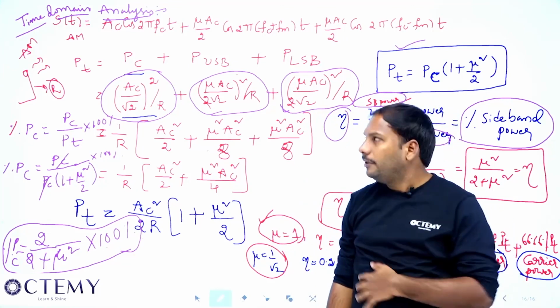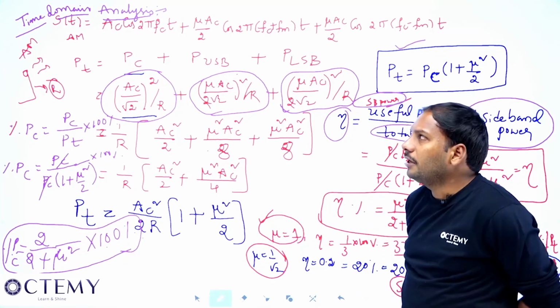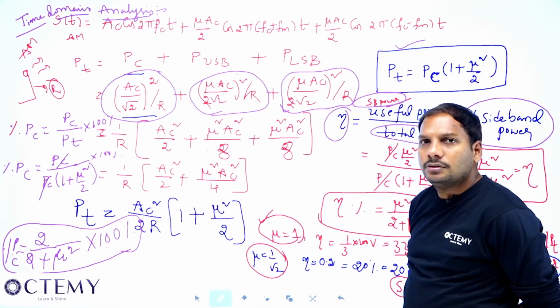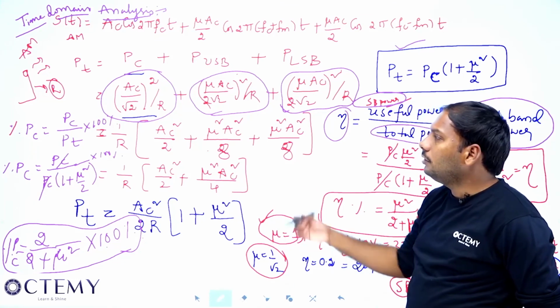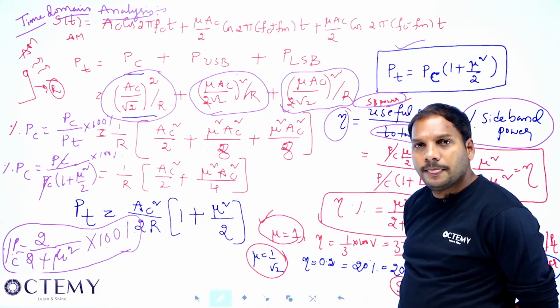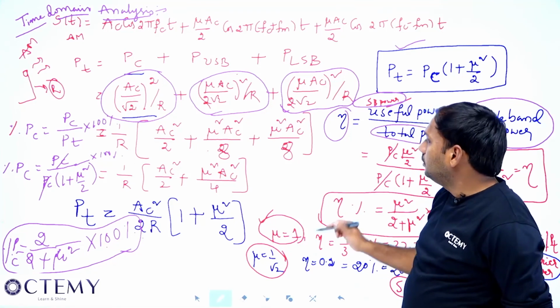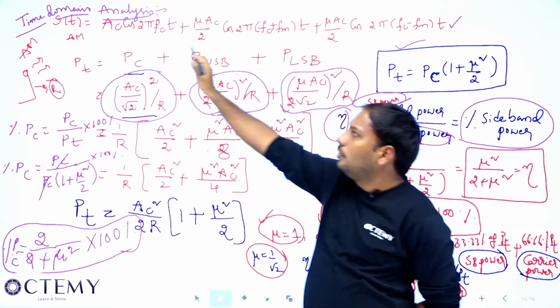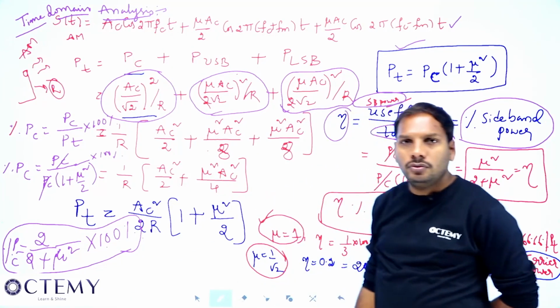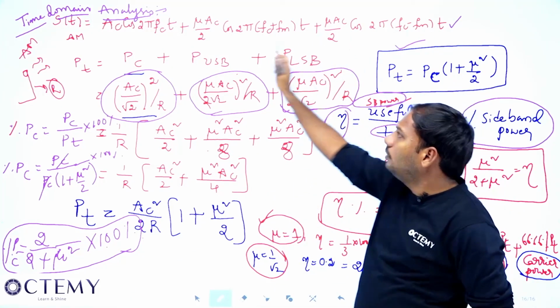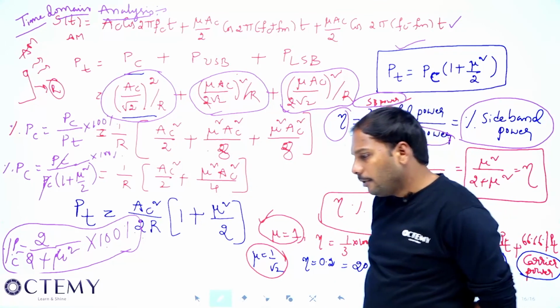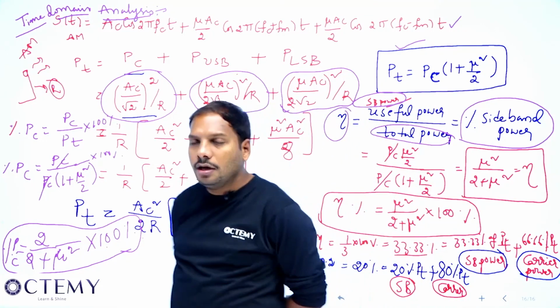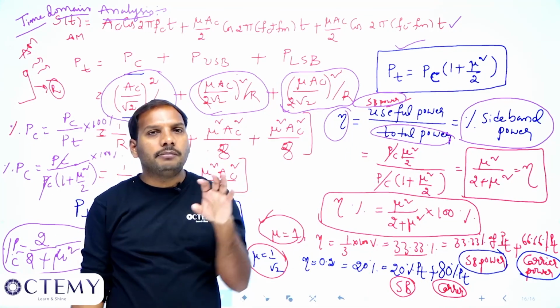Why? Because I have not visualized the signal, how it is looking like. I have to plot this whole thing. Once I am able to plot this whole thing, then I can say that it can be visualized on the CRO.